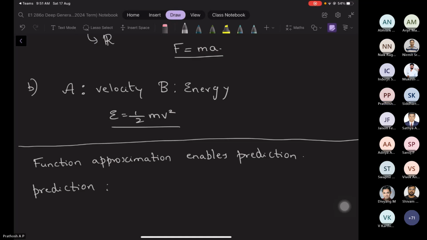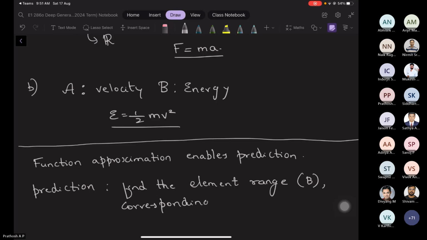Prediction is that you find the element in set B, which is the range set, corresponding to any element in the domain. Okay, this is important, right?